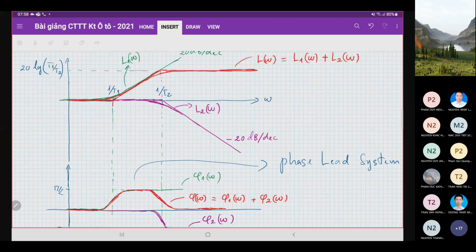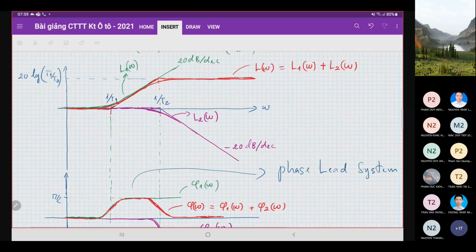I think we will have a short break now, and then I will open the MATLAB program and show you how to verify this diagram.